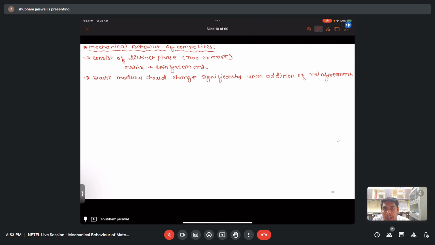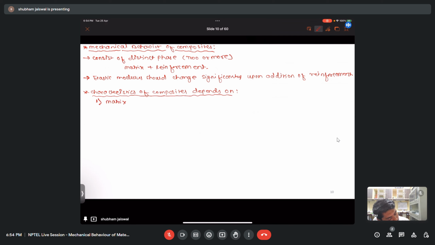Now if we see the characteristics, it depends on various factors. The characteristics of the composite depend on, first, the matrix. What is its role?